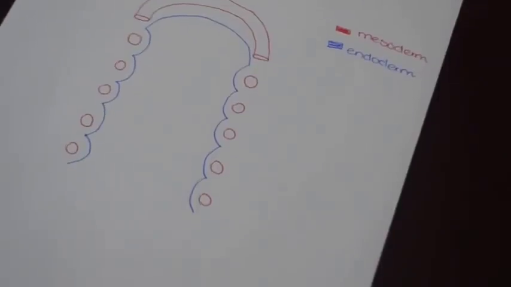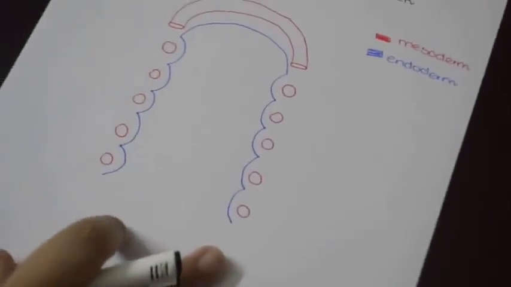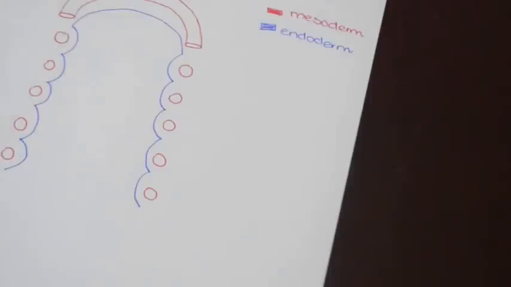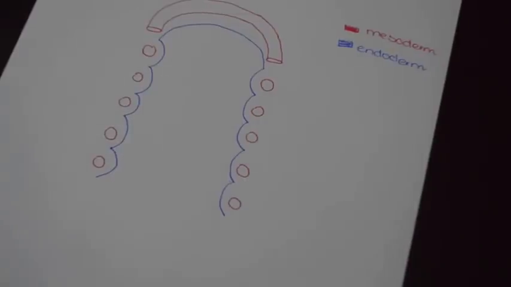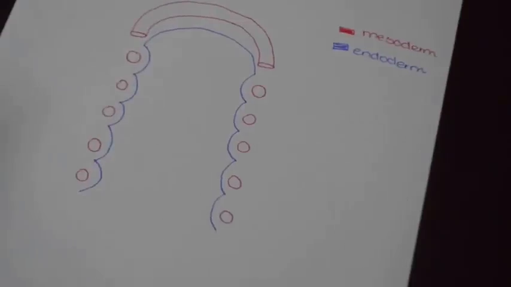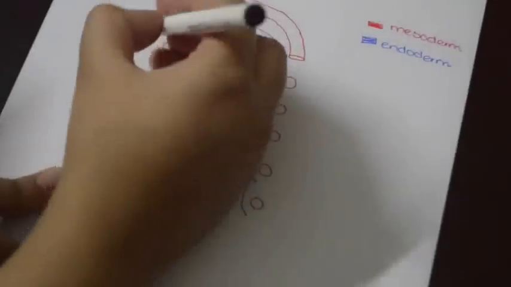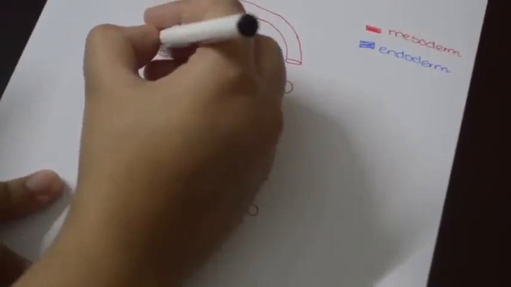Moving forward, there's another thing that needs to be drawn here, the pharyngeal clefts. To complete the pharyngeal apparatus, we need to draw the pharyngeal cleft. The pharyngeal cleft is something like this.